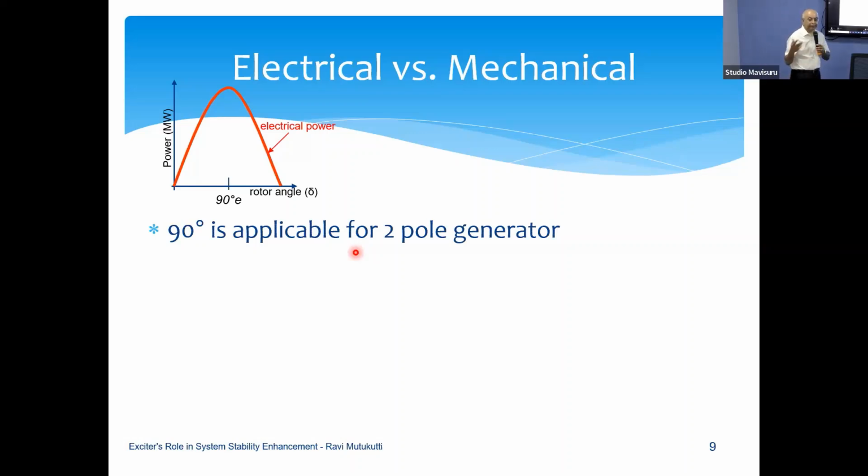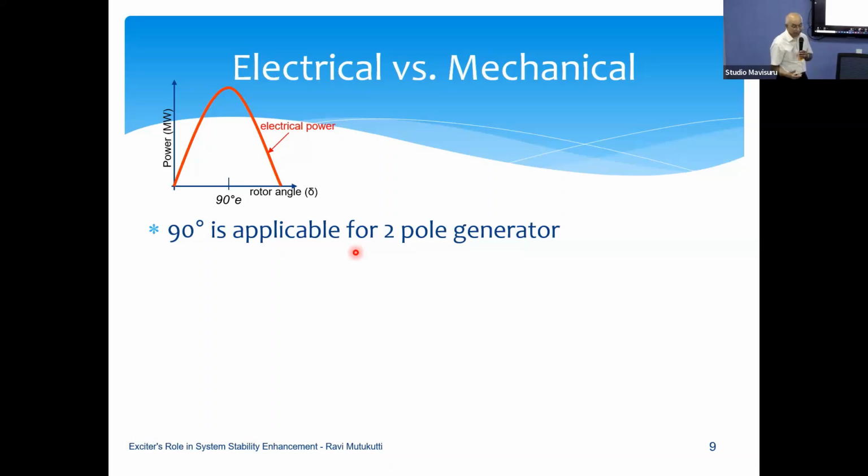So like I said, 90 degrees, in that example, I have shown a generator with two poles, which is rotating at, I believe, 3000 RPM if it is a 50 hertz system. In the country where I'm working, we have a 60 hertz system, so it's 3600. That applies to most of the faster machines like gas turbines and steam turbines, whereas in hydros, you have more poles.